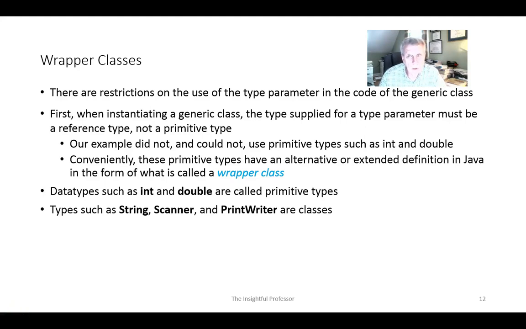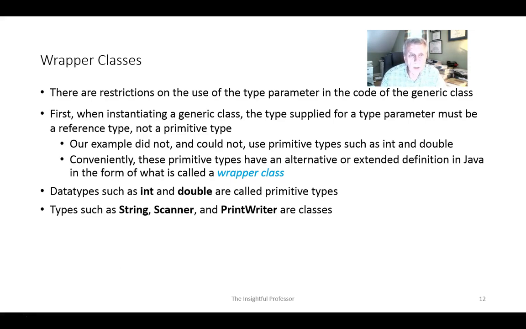Now that we've provided the general idea as to how generic classes would work and how they can be created or defined within Java, let's note some restrictive behavior or some limitation with respect to these classes. When you instantiate a generic class, the type that you provide for the type parameter has to be a reference type. It cannot be a primitive type.